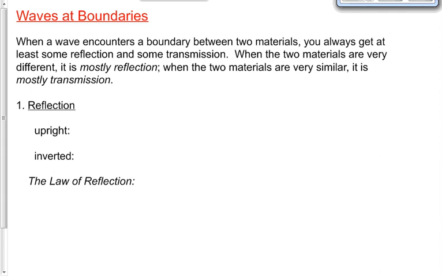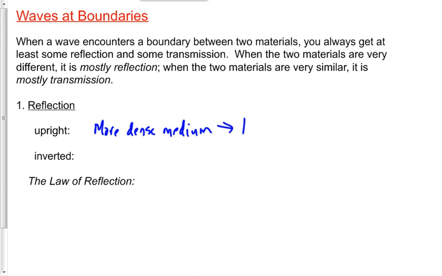Now, specifically, what happens when reflection takes place, when the two materials are very different? Well, the wave is going to be reflected right side up when you're going from a medium that is more dense to less dense, from a more dense medium to a less dense medium.